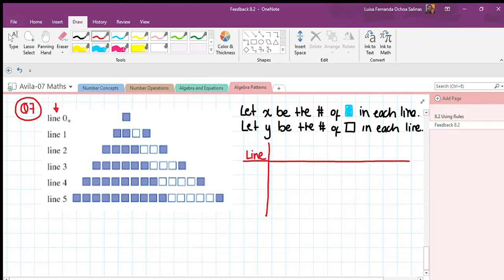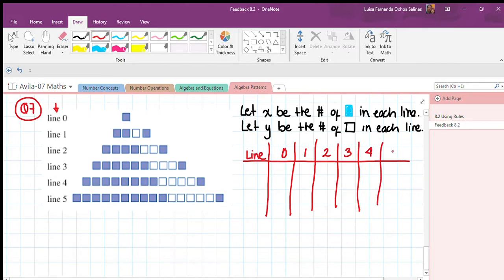And how many lines do I have from 0 to 5? 0, 1, 2, 3, 4, and 5. Great. My lines are so straight, I'm amazed. Why am I not a painter?